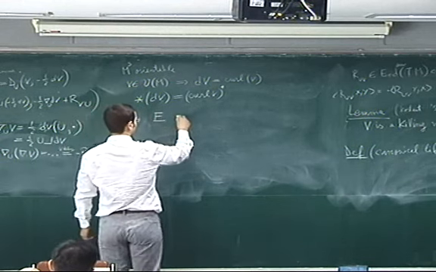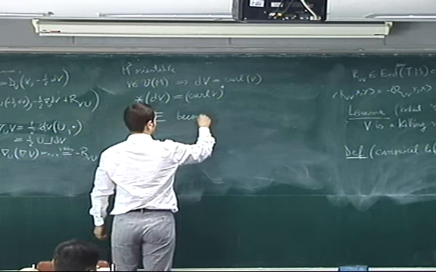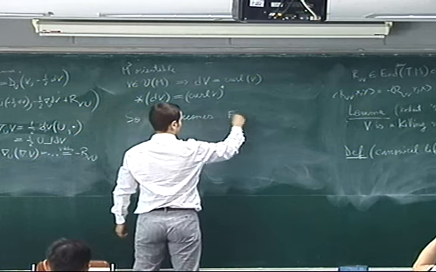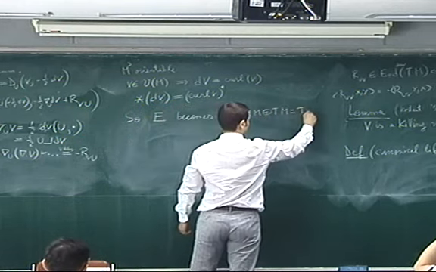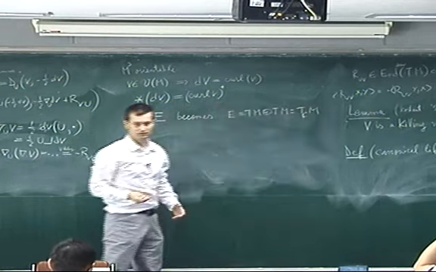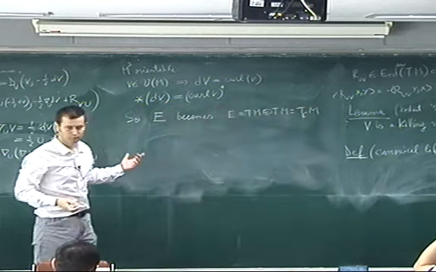So E becomes just a complexified tangent bundle.